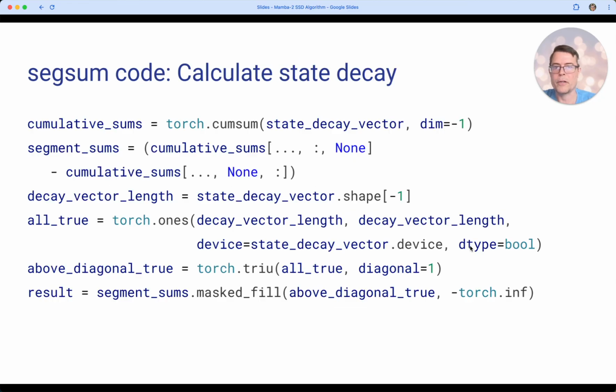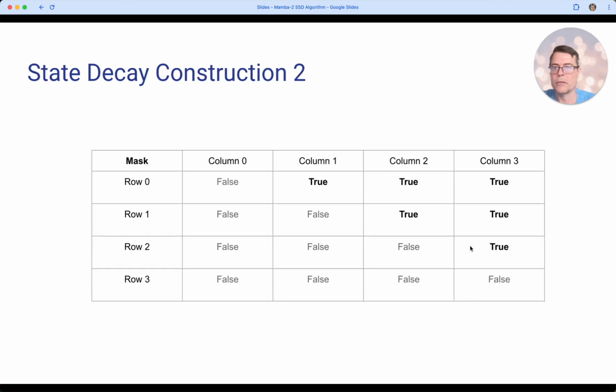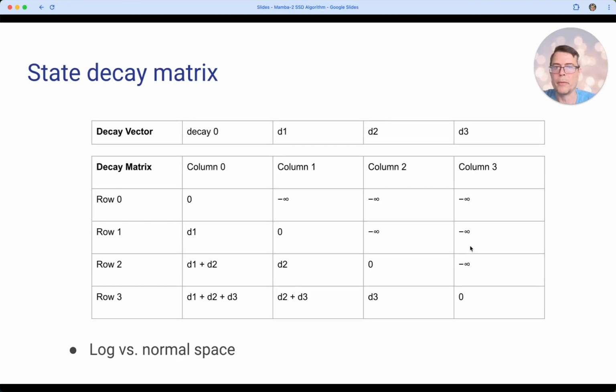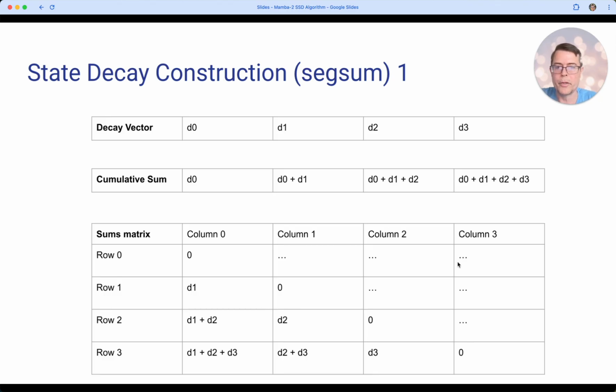And I'll jump ahead for a second. The code kind of looks like this, and it kind of looks like a mess. So let's walk through it bit by bit, and we'll get a better understanding of how we actually build that matrix. The first thing we start with is this decay vector, decay from 0 and 1 and 2. We do a cumulative sum on that, and that's a standard GPU operation that it can do very efficiently.